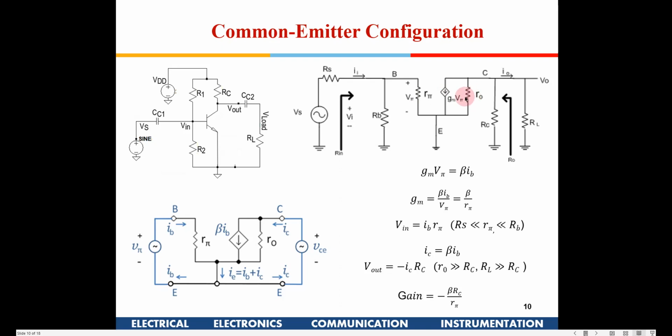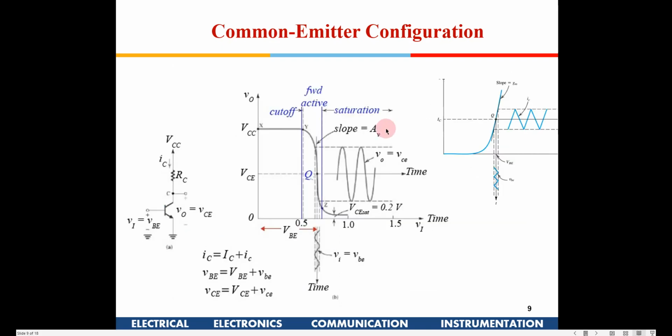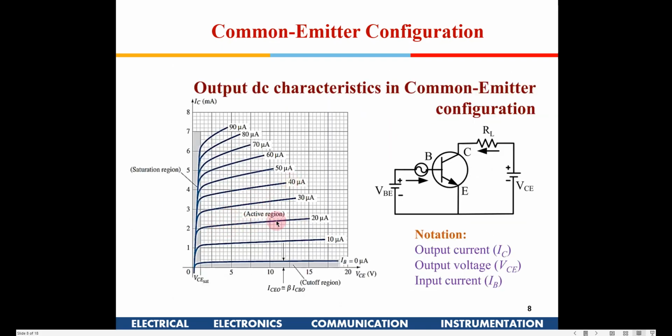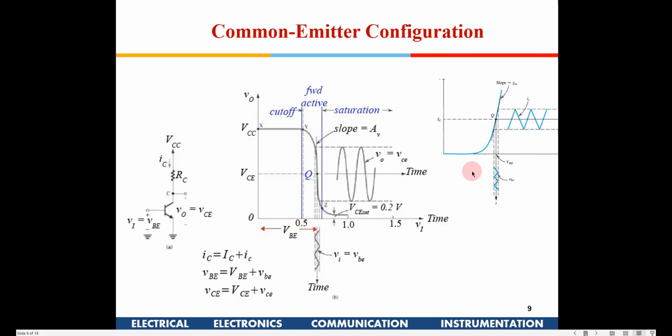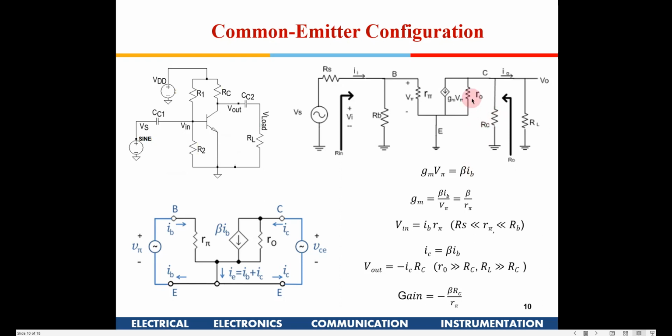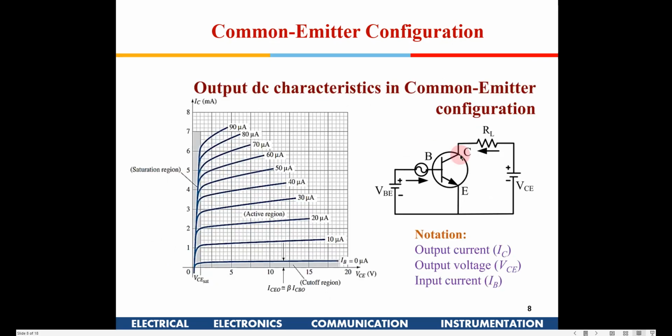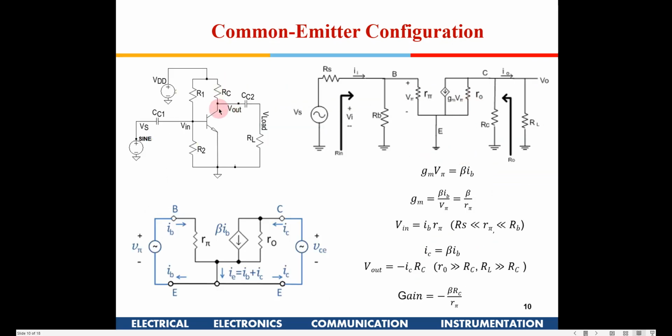Then you have this R0 here, that we said comes from this particular slope, because this is not horizontal. The IC varies slightly with the change in VCE. That is the reason we have introduced this R0 out here, which will be in the range of megaohms. For small approximations we can neglect that. And this is RC.